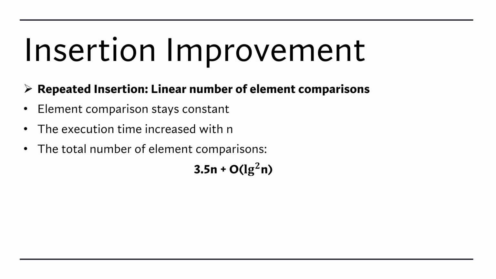By constructing a weak heap using repeated insertions, the number of element comparisons stays constant while the execution time increases with n. Finally, it is proved that the total number of element comparisons using repeated insertion in an empty weak heap is at most 3.5n plus O(log² n).